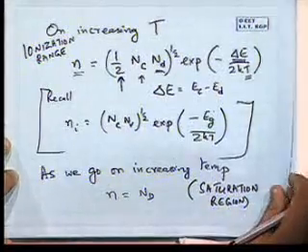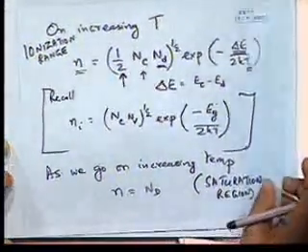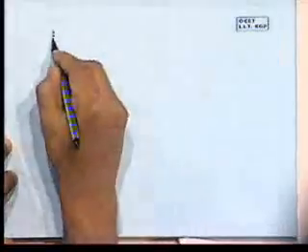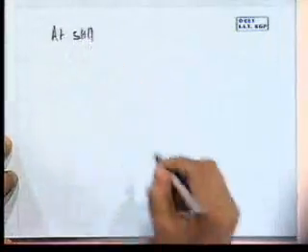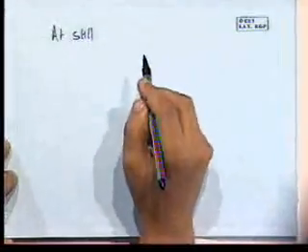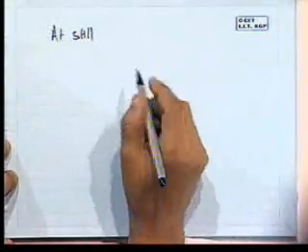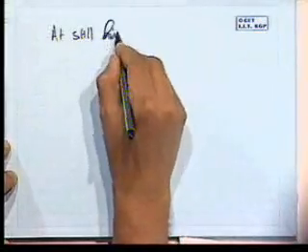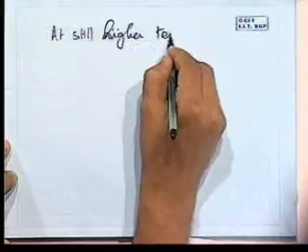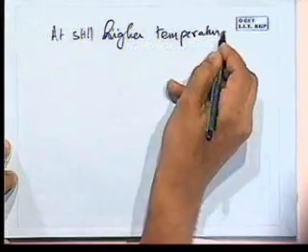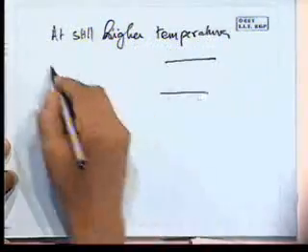All right? So this situation continues till we get to a temperature, at still higher temperatures, when band-to-band thermal generation can take place. Okay? At still higher temperatures, we get band-to-band.